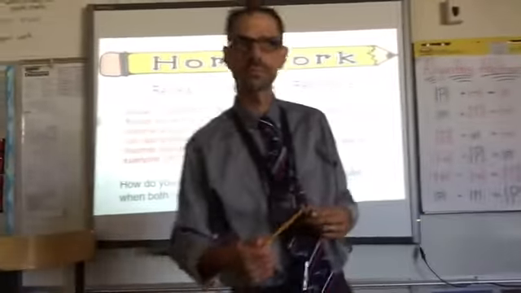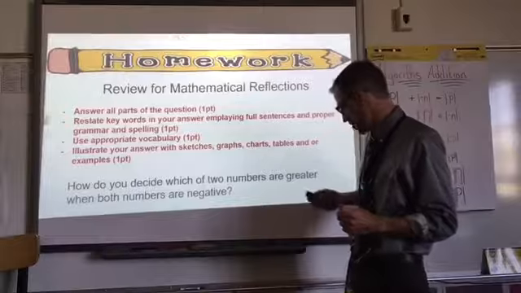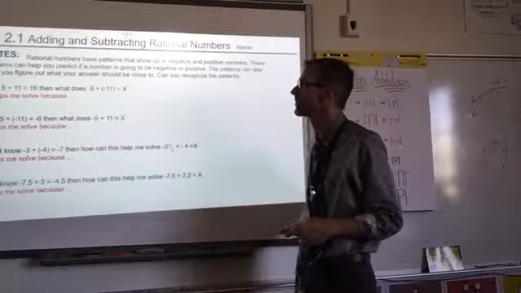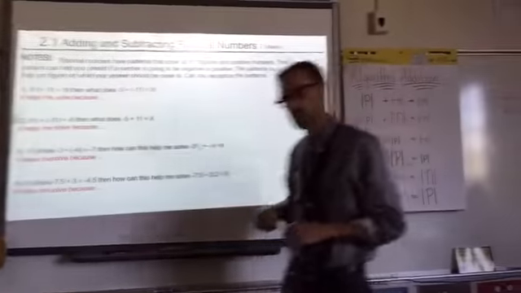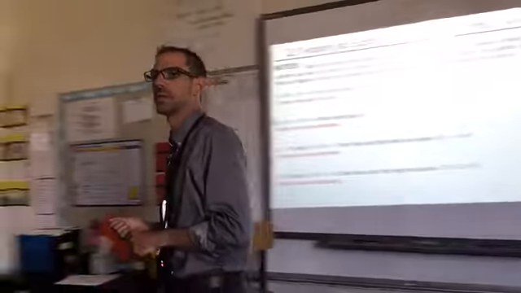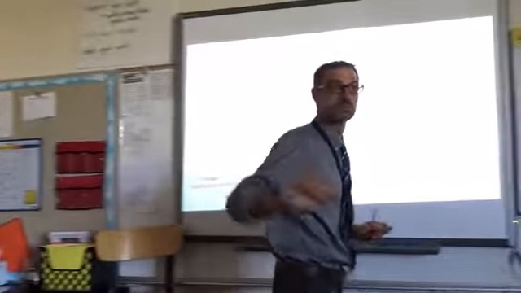All right. So here we go. On your notes, we're talking about adding and subtracting rational numbers. What's a rational number? Isn't a rational number a number that's whole? Ooh, that's an integer.